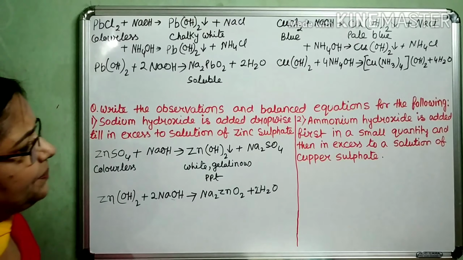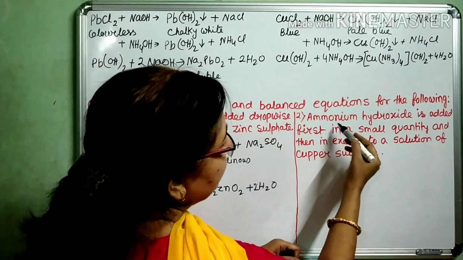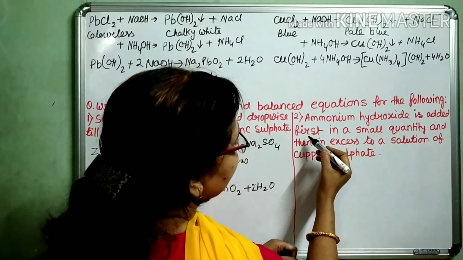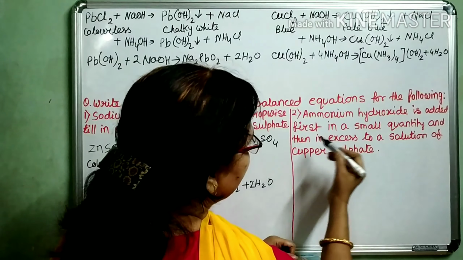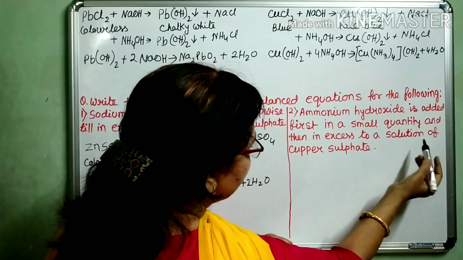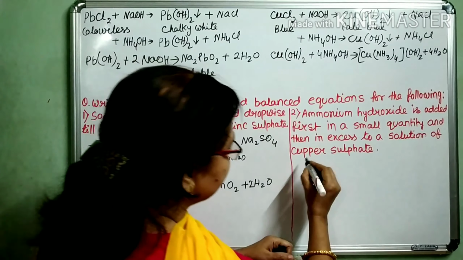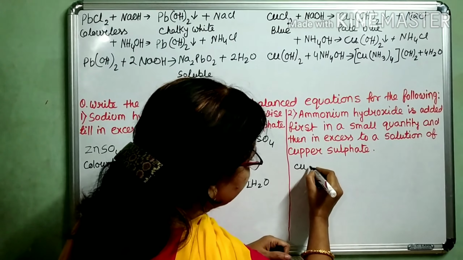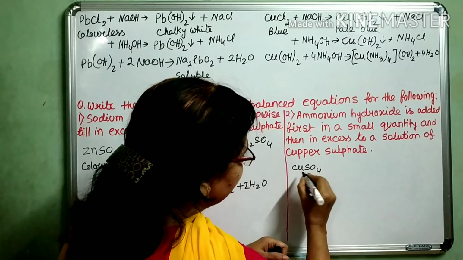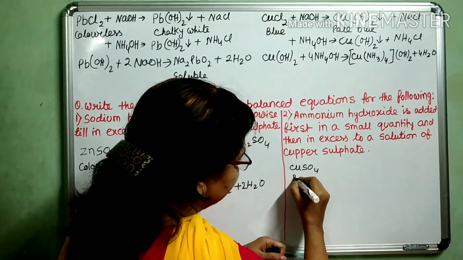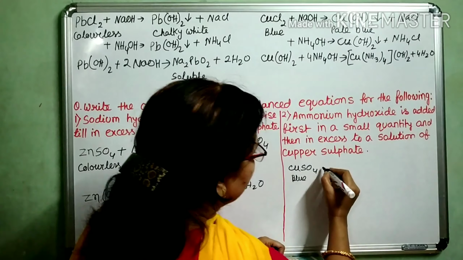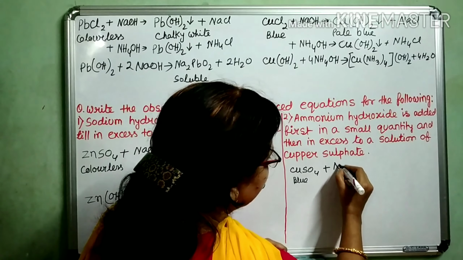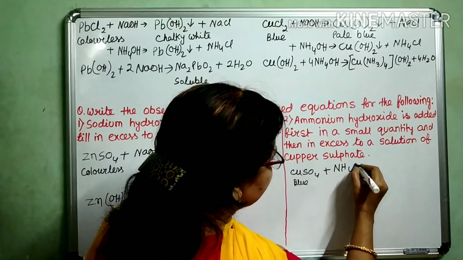Now second question. When ammonium hydroxide is added first in a small quantity and then in excess to a solution of copper sulfate, see what happens? Copper sulfate, this means CuSO4. Its color is blue, plus NH4OH.